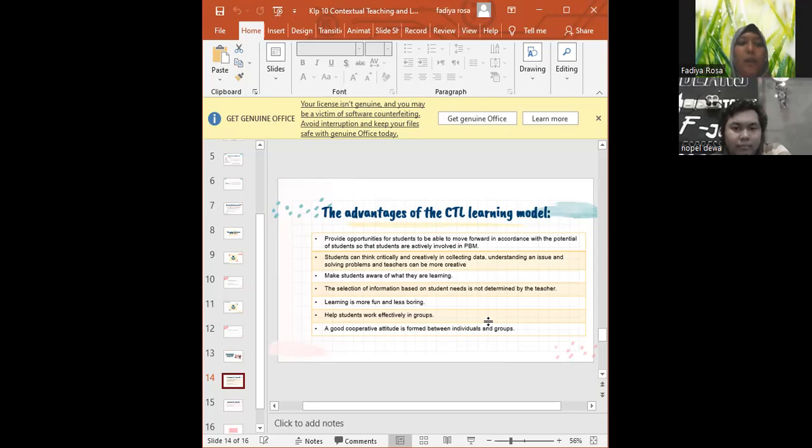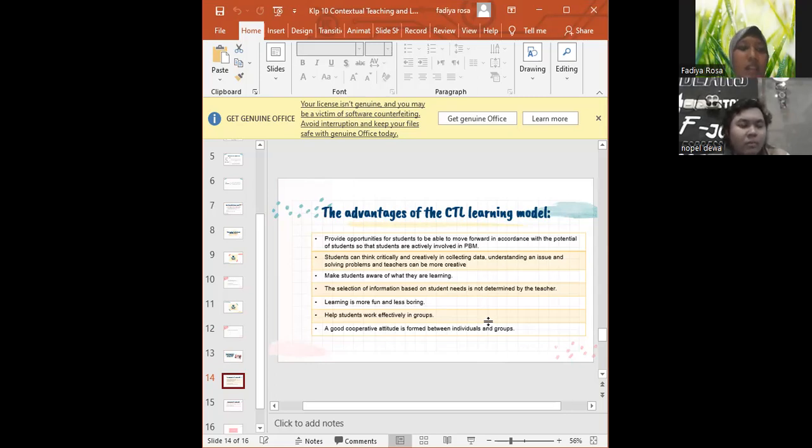And the next is that it makes students aware of what they are learning. It's very important because the teacher doesn't just give the knowledge and the student just remembers it. The student must understand what the knowledge means, not just remember or just know, but understand the meaning.